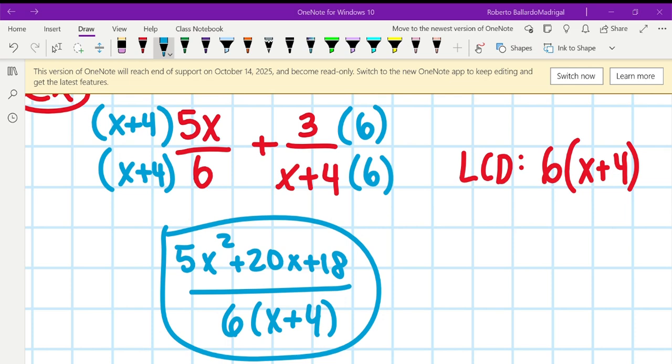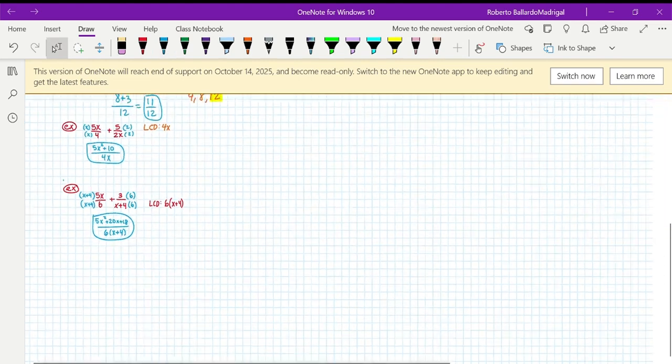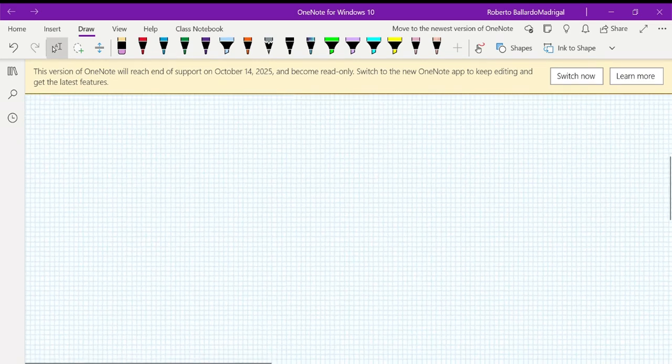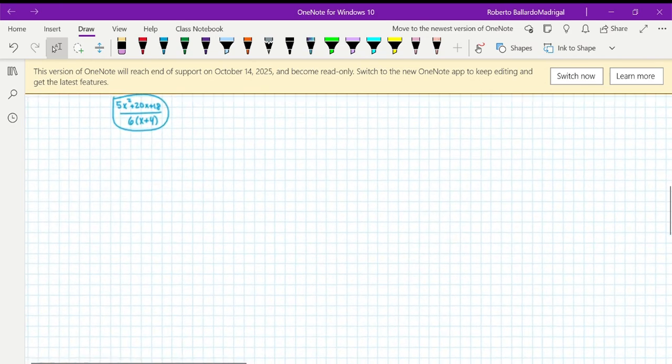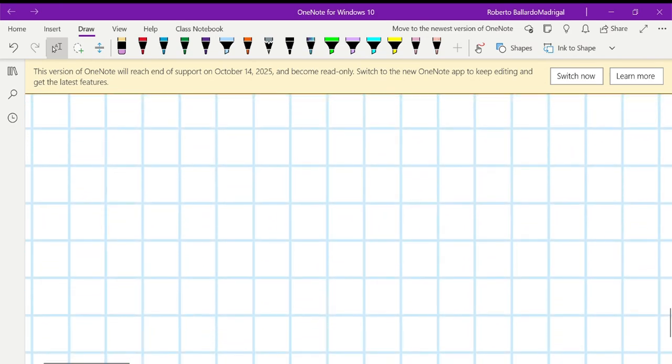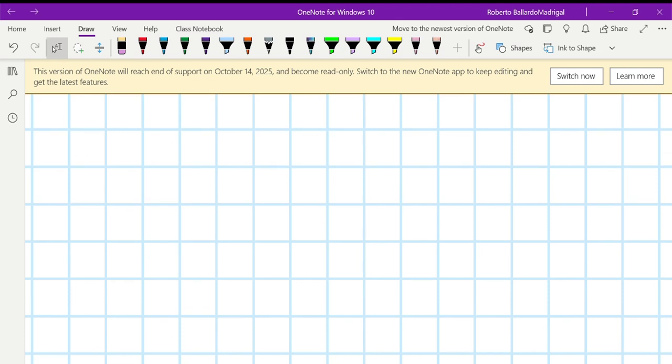All right. Let's look at subtracting now. So let's go. Oh, I do have space. Here is your next example.